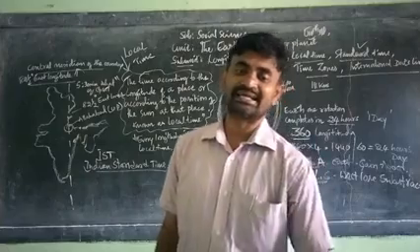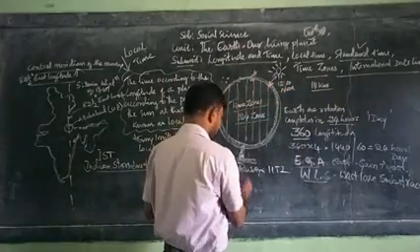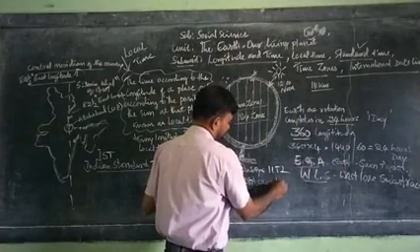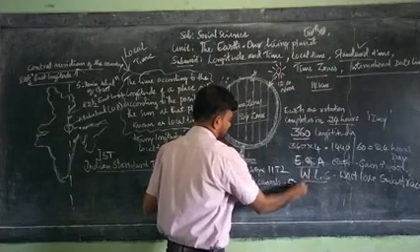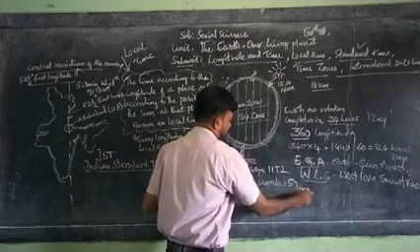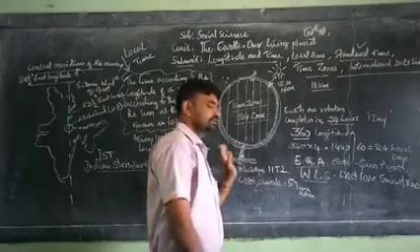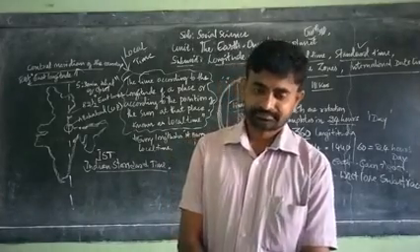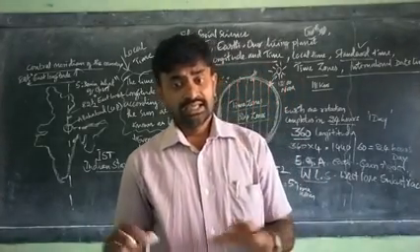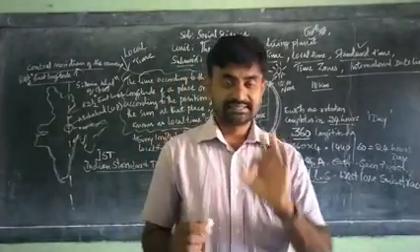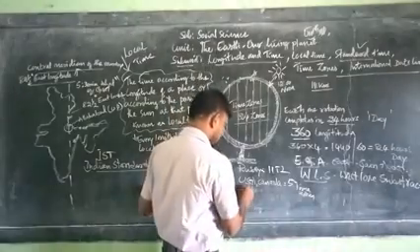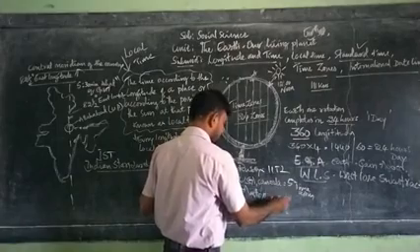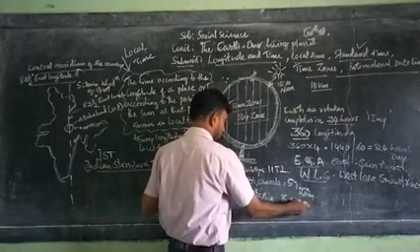The USA and Canada have 5 time zones. Australia has 3 time zones.